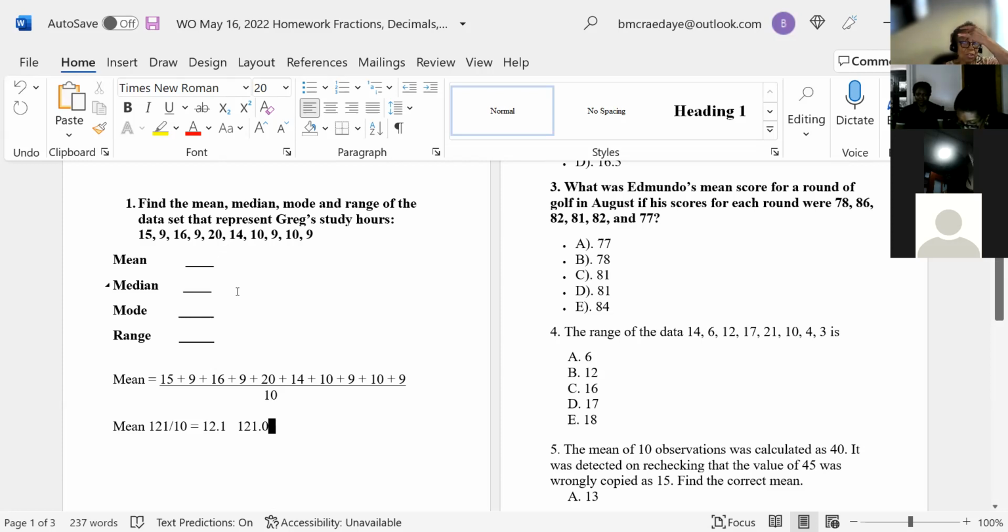Now, once you get to 121, what's the next step, Alva? What I did, I divided all the numbers by 121. Wait a minute, Alva. When you get the total, 121, you divide the total by the 10.